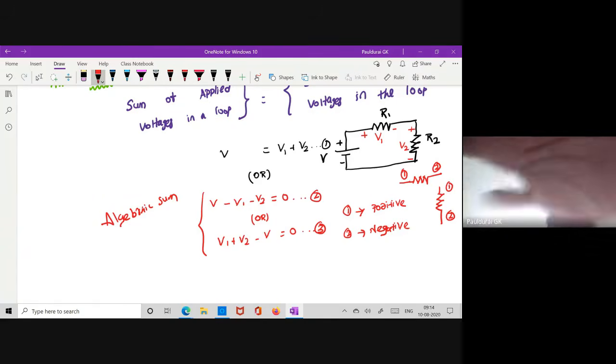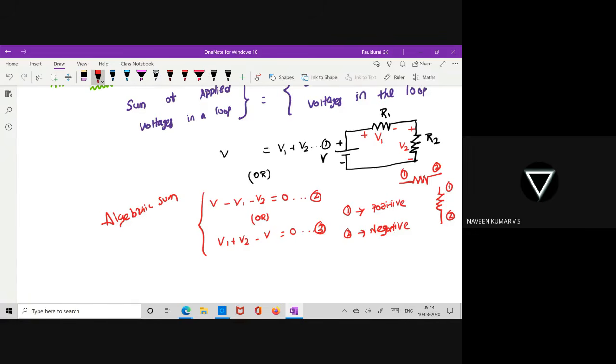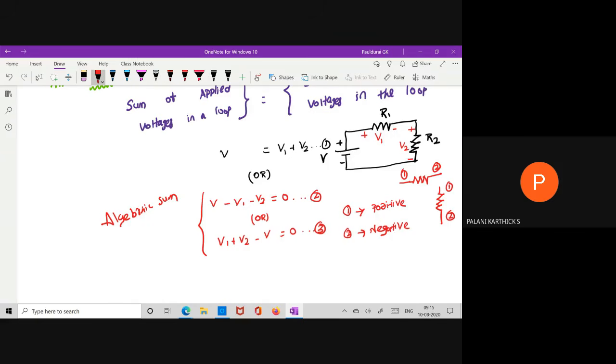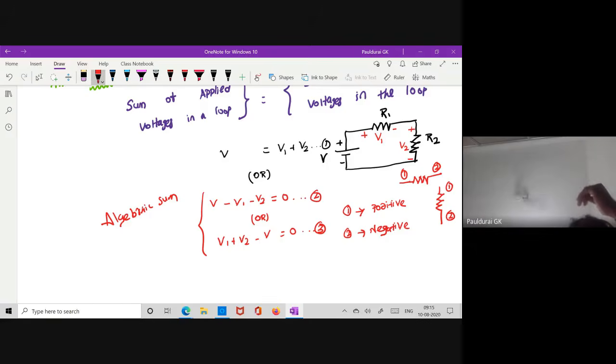We'll see how many of you will satisfy me. What does equation number 2 say? Algebraic sum of the voltages equal to 0. Okay, but here we have given positive for V and negative for V1 and V2. In our equation, entering voltage is positive. Very good.